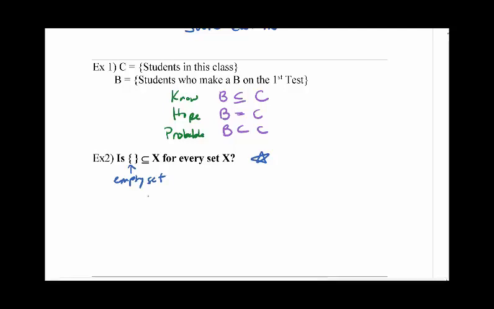Your answer here should be yes, because remember, to prove something is false, you need an example. And the definition of a subset is everything in the first is in the second. Well, there's nothing in the first, so there's nothing to break the definition. There's nothing in the empty set.